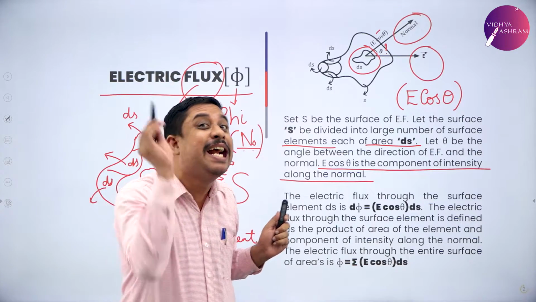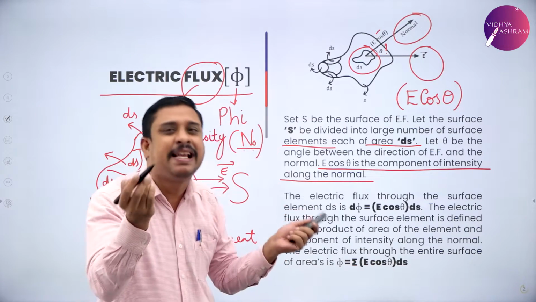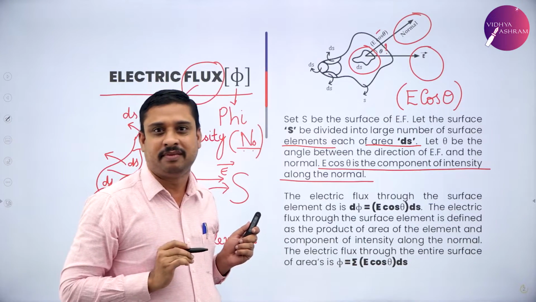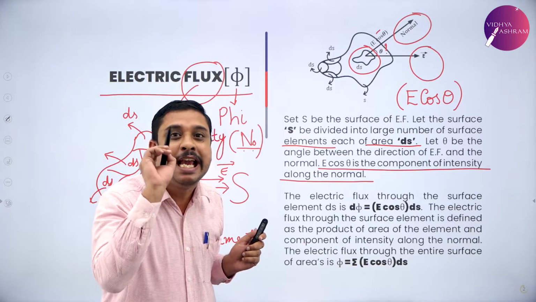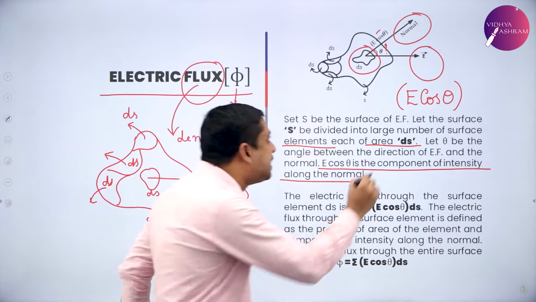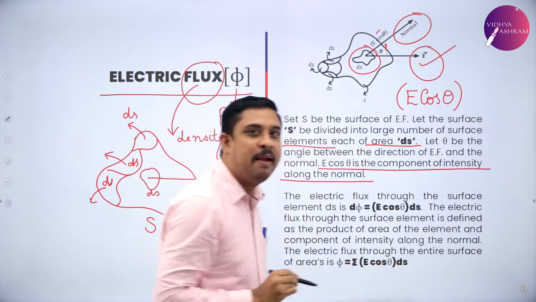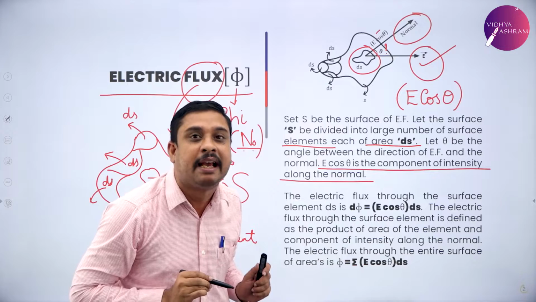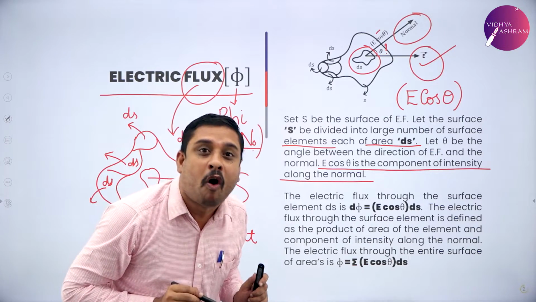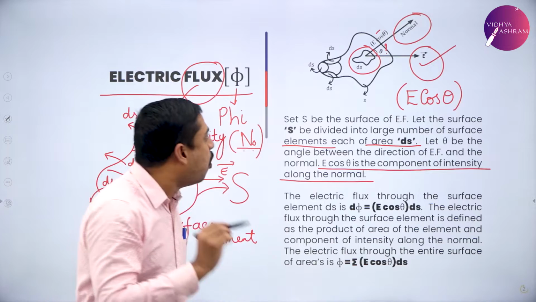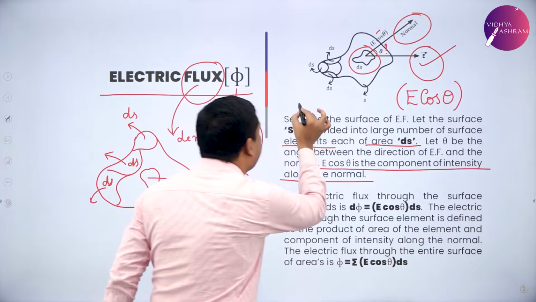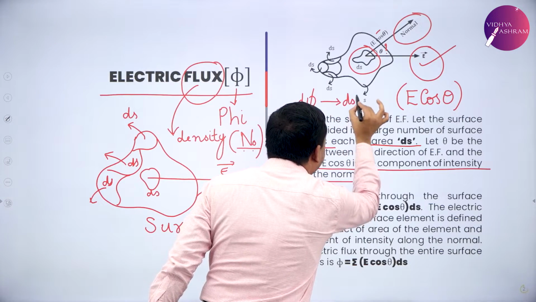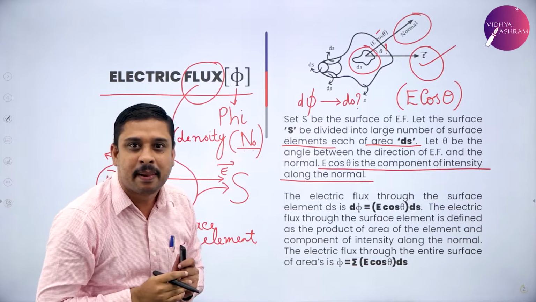It is the component of electric intensity, nothing but the electric field which is acting along the normal. I repeat, E cos theta is the part of this intensity which is acting along the normal.